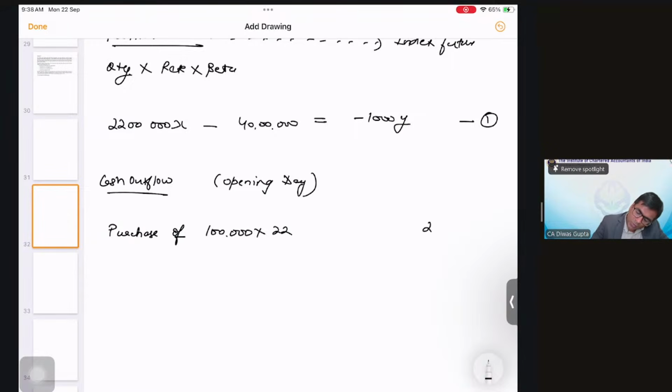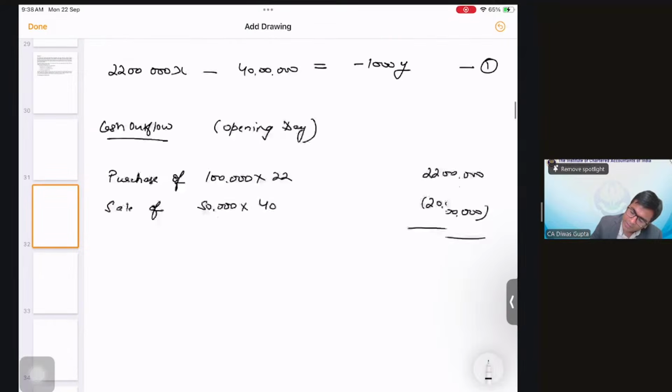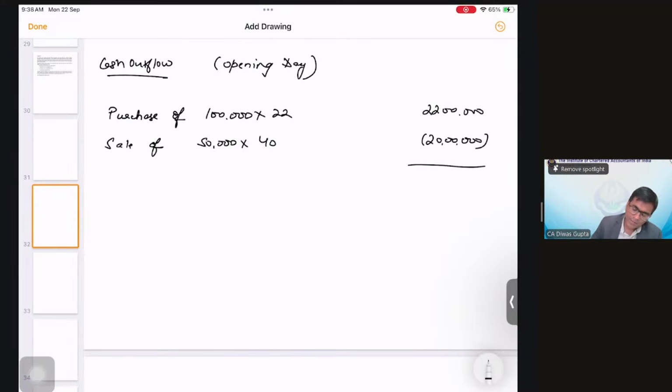That means 22 lakh rupees is what we have given as a cash outflow, and we have also sold. So sale of 50,000 units into 40 is what we have also done, right? So that means 20 lakh rupees is what we have realized from here. So net 2 lakh rupees is the outflow that we have done.